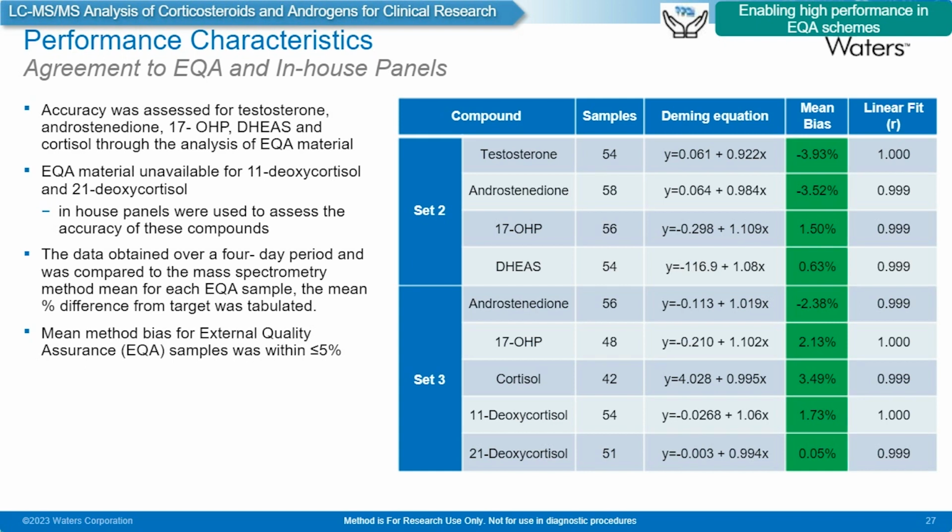The data was obtained over a 4-day period and compared to the mass spectrometry mean for each EQA sample, in the case of the ones we did have EQAs for, and the mean percent difference from the target was tabulated. The mean bias for these samples was within 5% across the range. So it demonstrates that we've got good metrological traceability and a good enough routine measurement procedure in place using this in-house developed method.